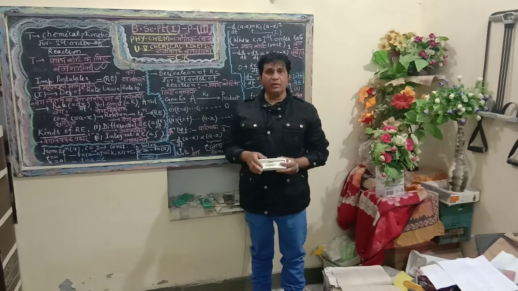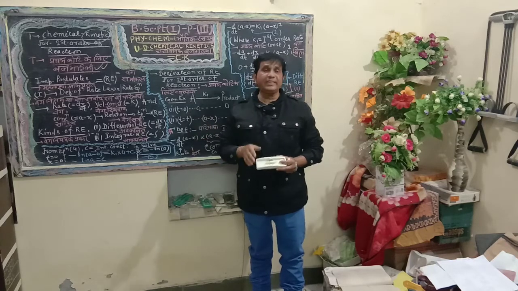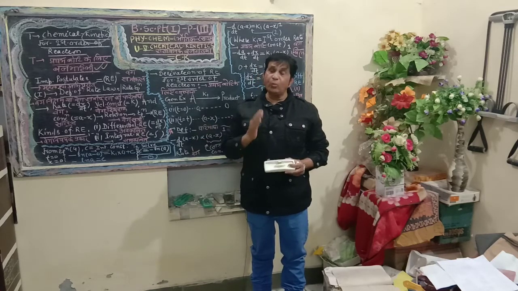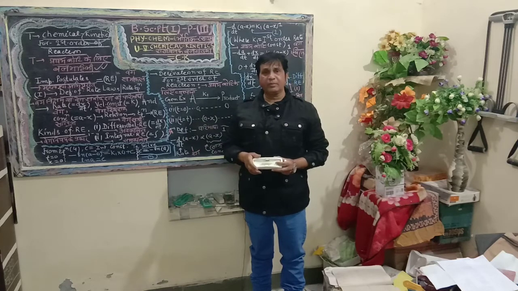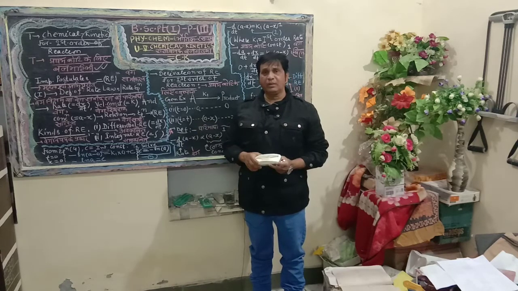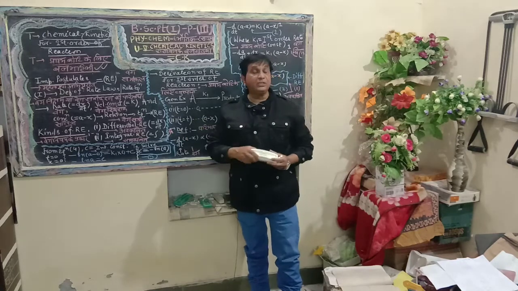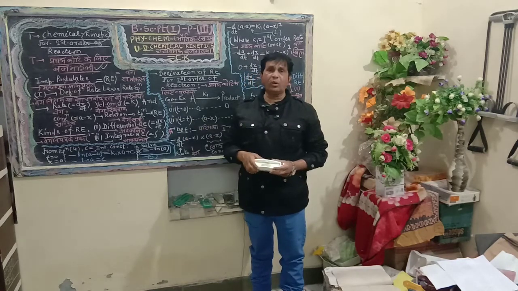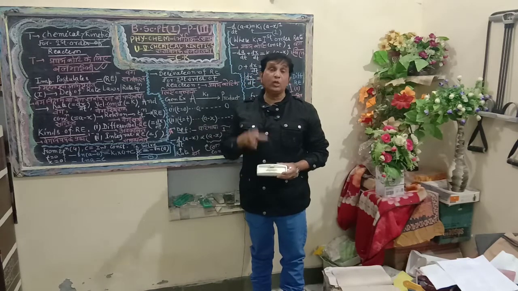The first one is mainly concerned with the excess concentration of one reactant, whose excess concentration doesn't influence the velocity of the reaction. In such a position, the velocity of the reaction depends upon the low concentration of the reactant which is present in low concentration.